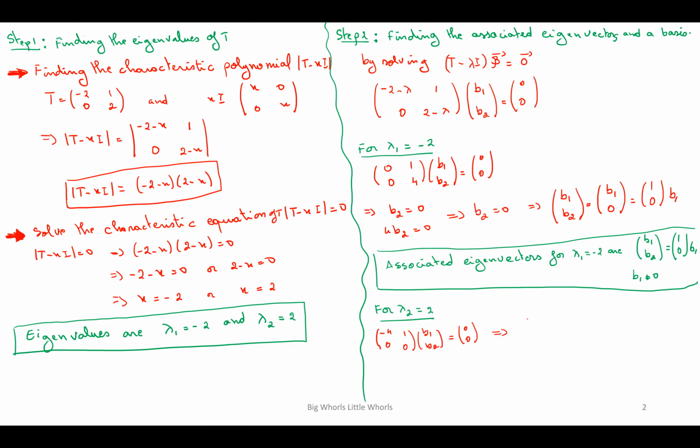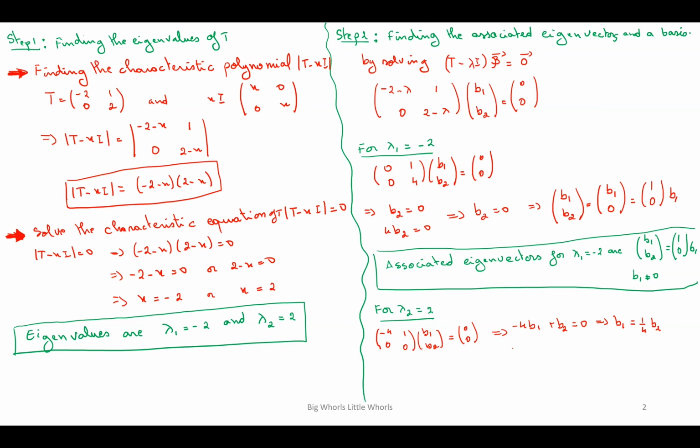So that means we have minus 4 b1 plus b2 equals 0. That means b1 equals 1/4 of b2.